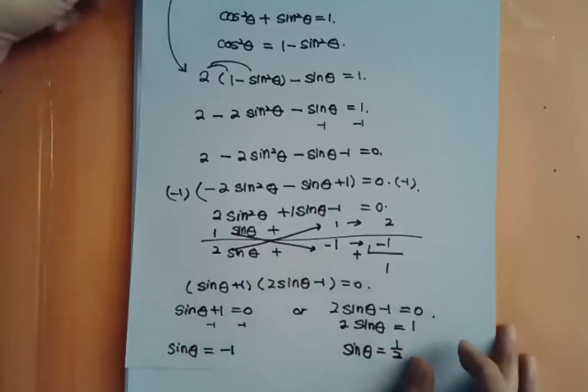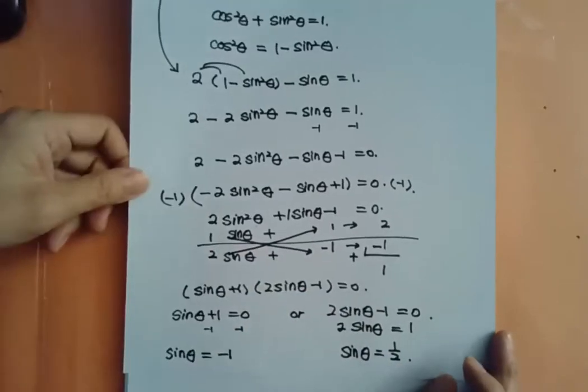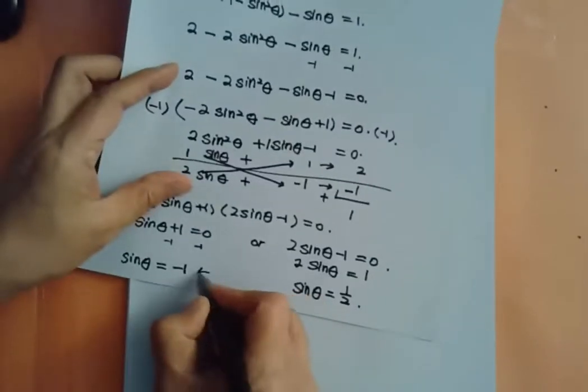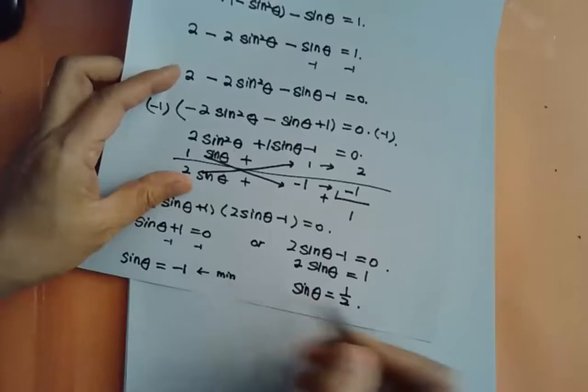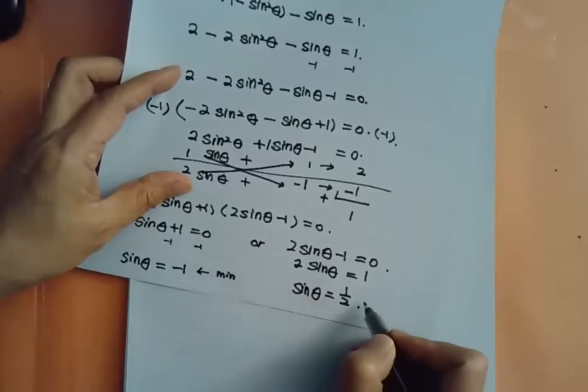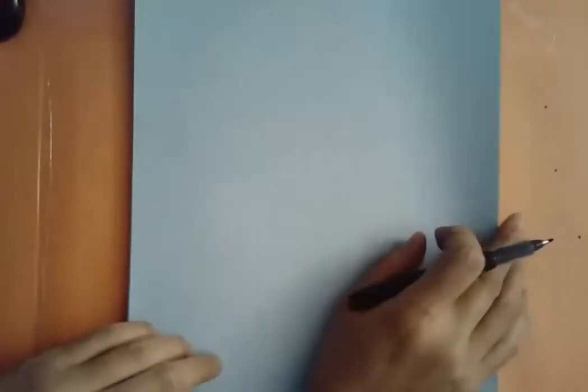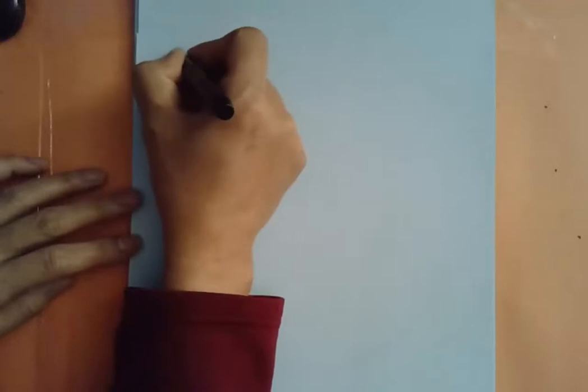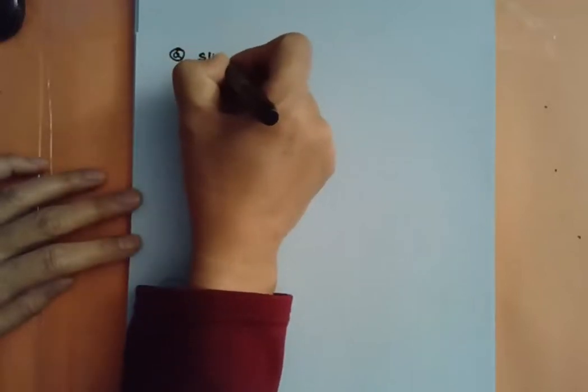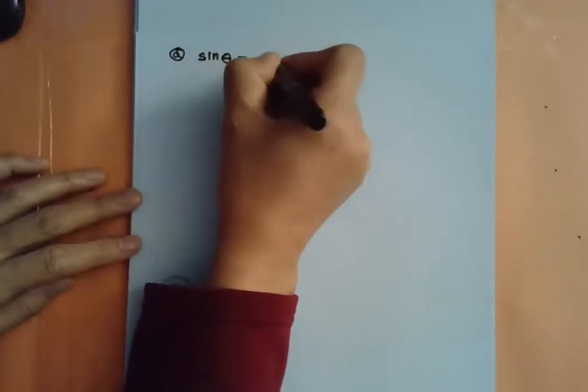Okay, so we are getting 2 answers. One is sine equals minus 1, and for the other one we have to use a special triangle. So let's do case by case. Sine theta equals minus 1.